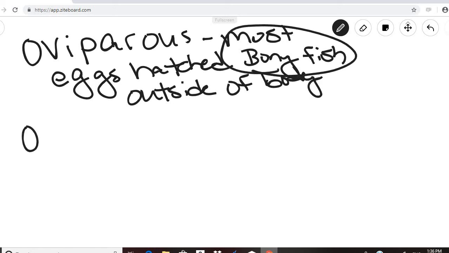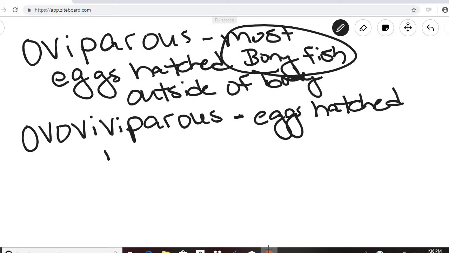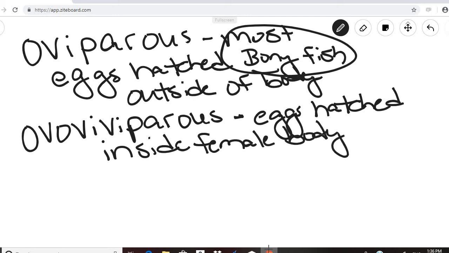Okay, then ovoviviparous means that the eggs are hatched inside the female's body. It's still an egg, so the nutrition still comes from the yolk of the egg. In both of these, nutrition comes from the egg.